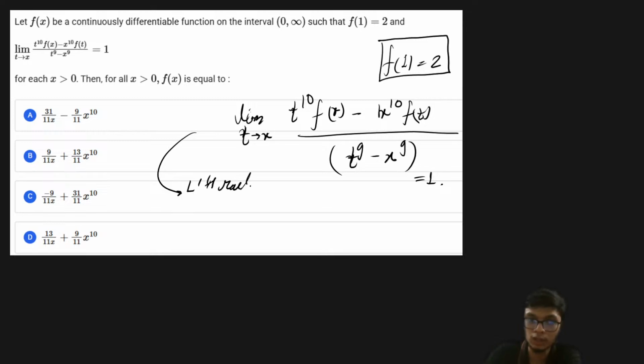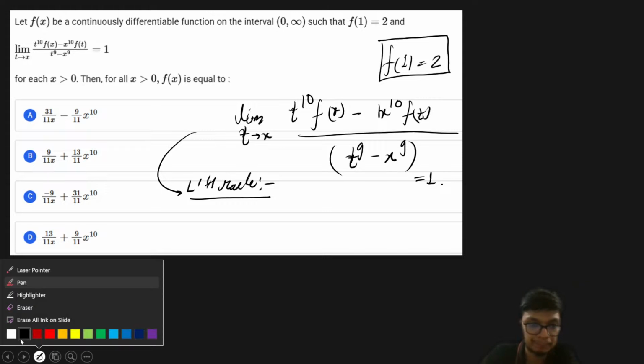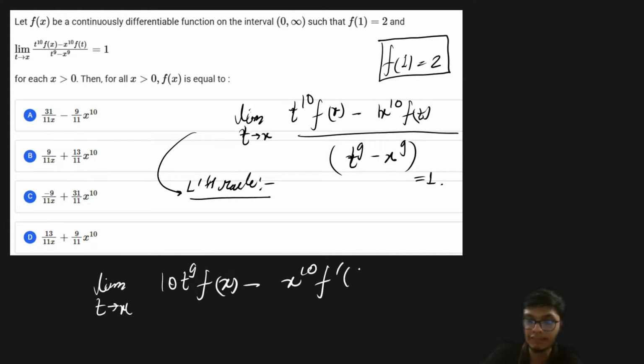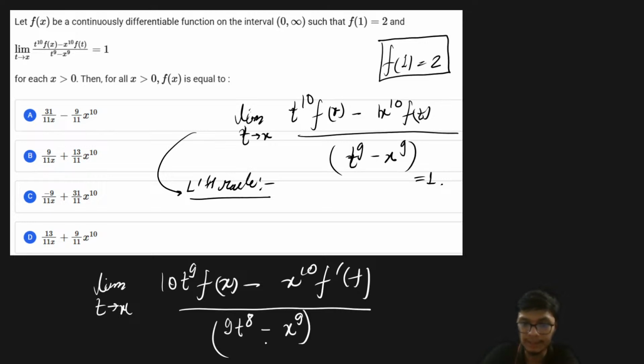So, if I use the LH rule over here, then my limit as t tends to x is 10 times t to the power 9 into f of x minus x to the power 10 into f dash of t, divided by 9 times t to the power 8 minus x to the power 9 over here, and that value is equal to 1.